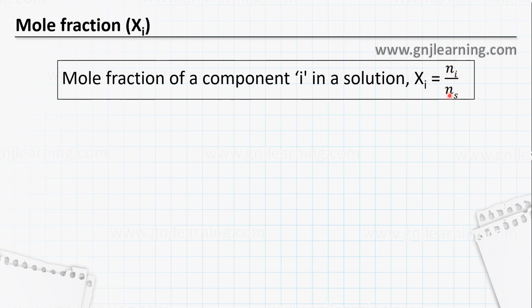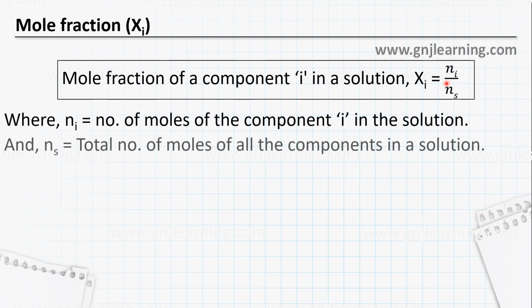We have already learned what small letter n stands for. Small letter n means number of moles, isn't it? So n of I means number of moles of the component I, divided by n of S, the total number of moles of all the components in the solution.